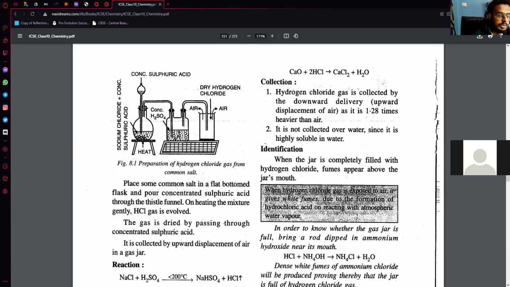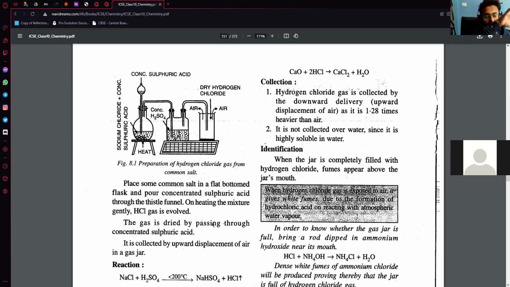So there are three stages. First one is the reaction stage. Then the second stage is known as the drying stage, and the third stage is known as the collecting stage. The reaction stage was NaCl plus concentrated H2SO4 giving you HCl gas, which goes through this tube to the concentrated sulfuric acid beaker. This second stage is known as the drying stage.